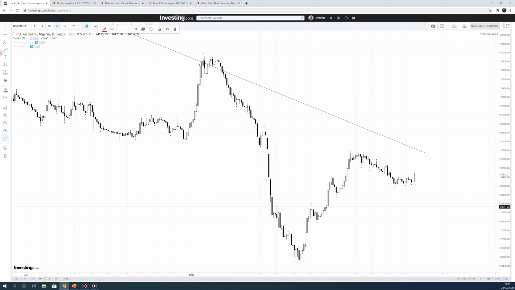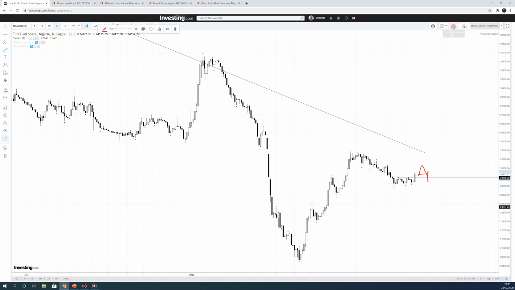So it has broken a rally above this resistance level. If we can continue, then that's what the sentiment, the breadth analysis is showing. So if the market can continue higher, then a pullback will be a good one for the market to continue higher. Okay, that is the All Share Index.